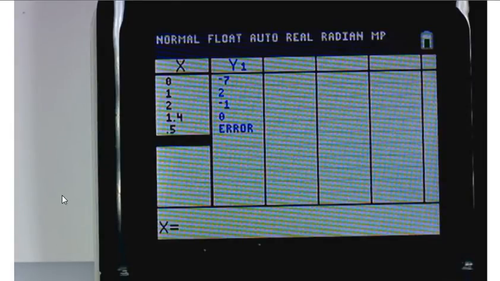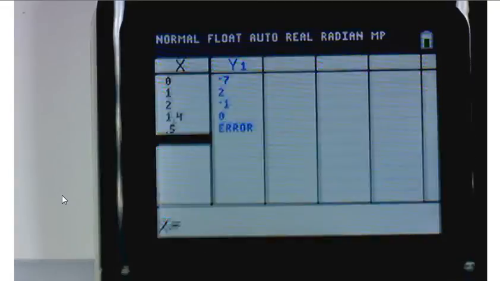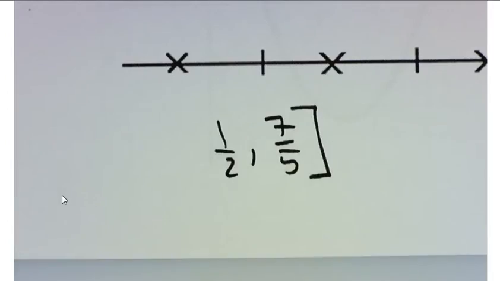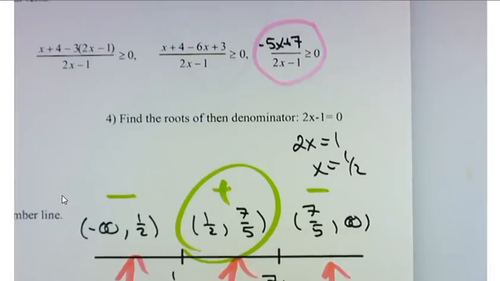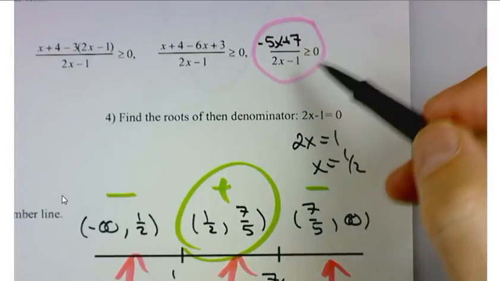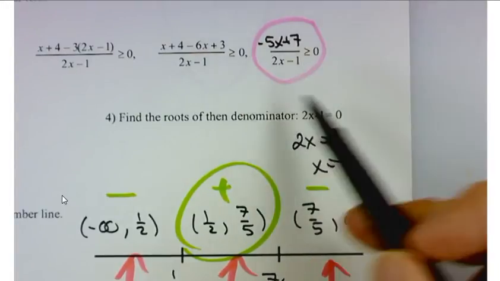Because what? Well, let's be precise. Why am I getting an error? What is that 1/2 doing to this expression that I'm getting an error? I mean, it worked for everything else. What's going wrong at 1/2 that I got an error?